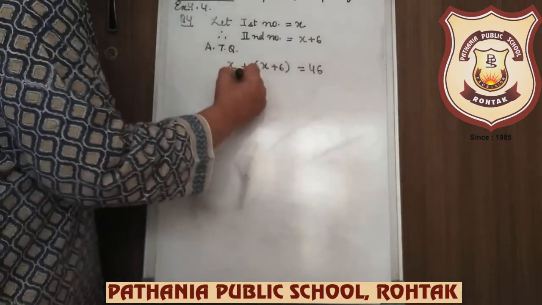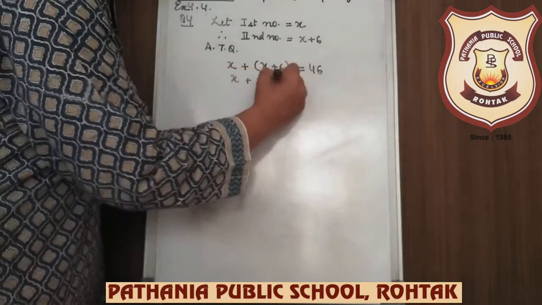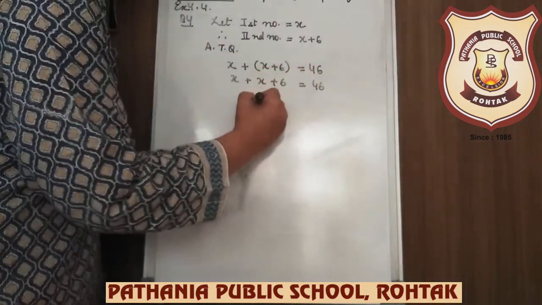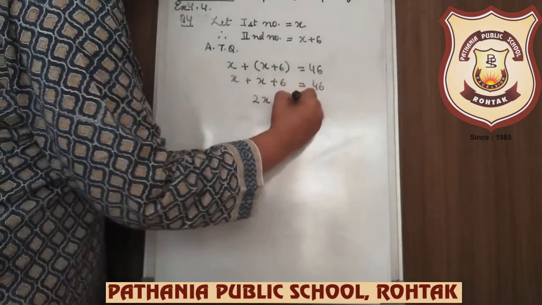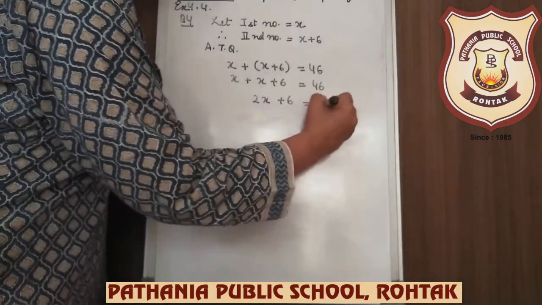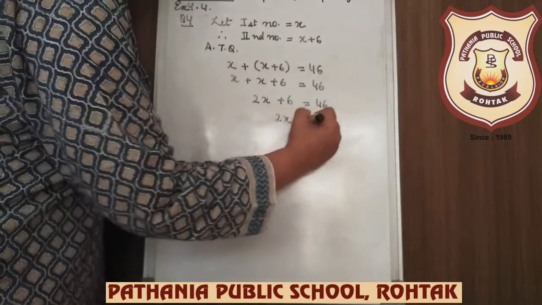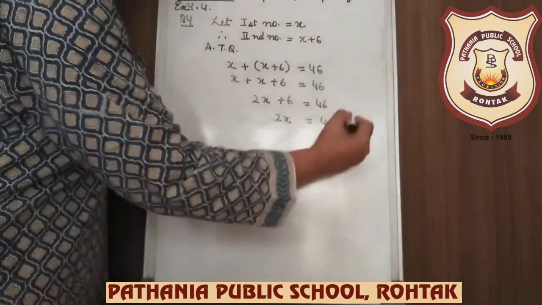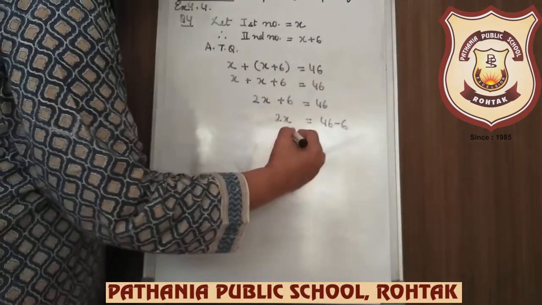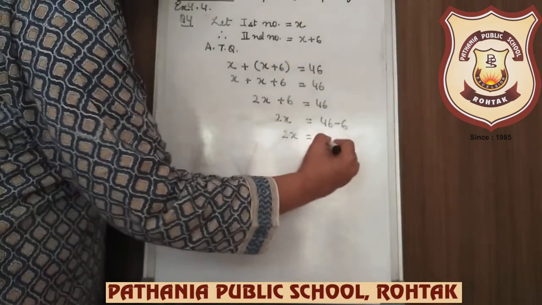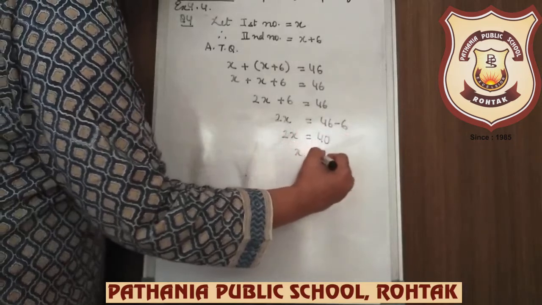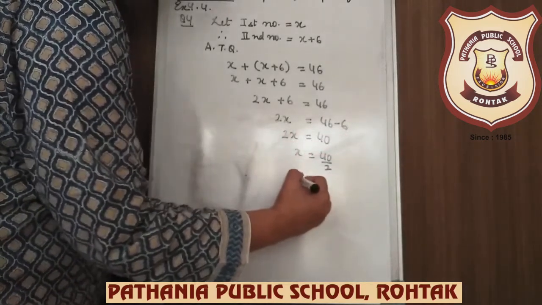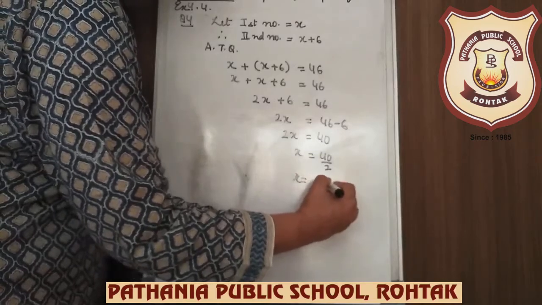Now open the brackets. x plus x, 2x plus 6 is equal to 46. 2x is 46 minus 6, it will go to the right hand side. 2x is equal to 40 and x is equal to 40 upon 2, that is x is equal to 20.